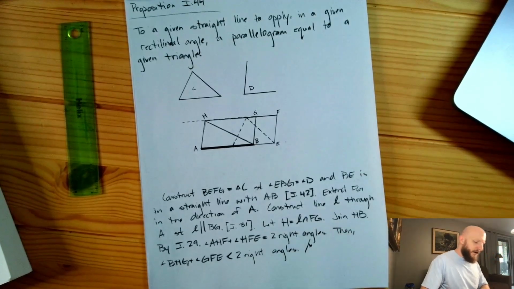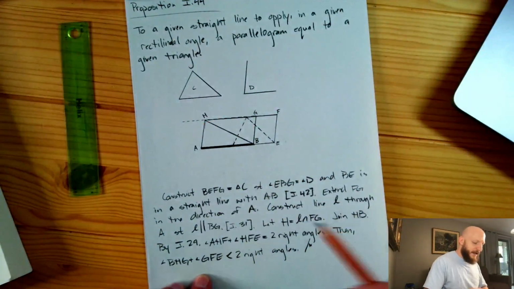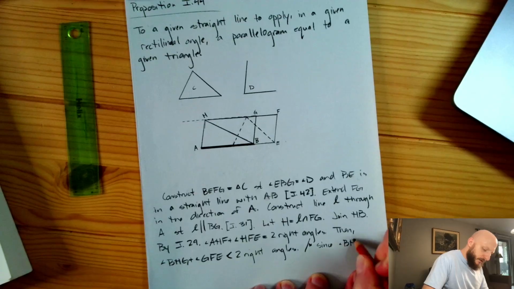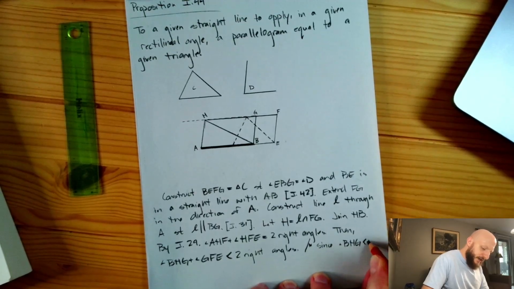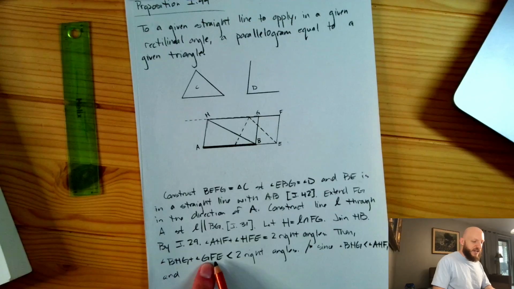And the reasoning there is because angle BHG is less than angle AHF, and kind of sneaky, GFE is the exact same as HFE.